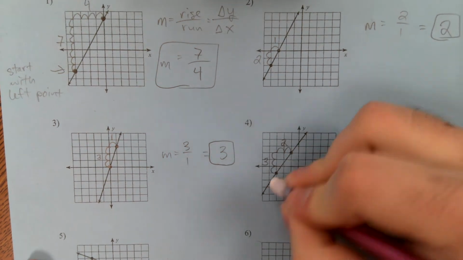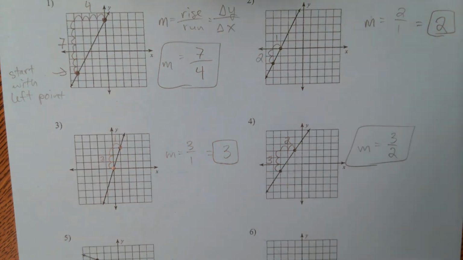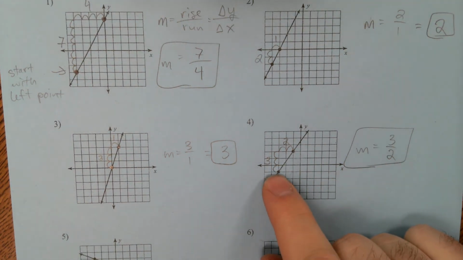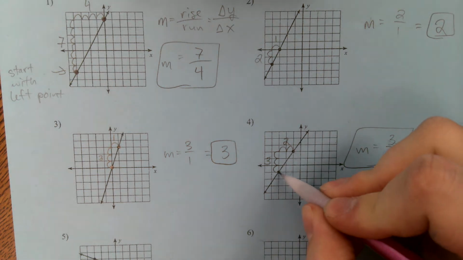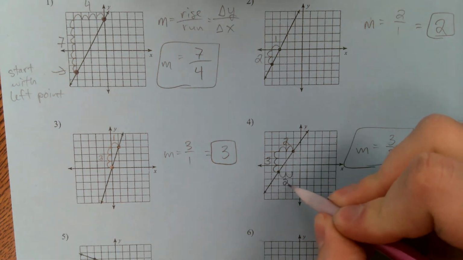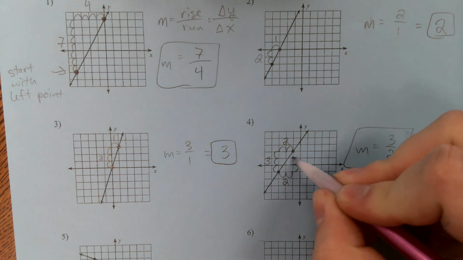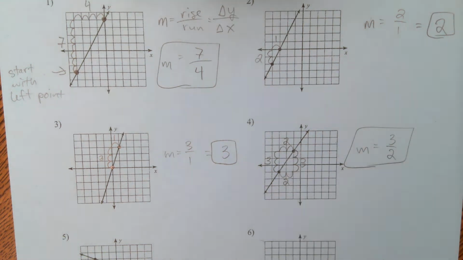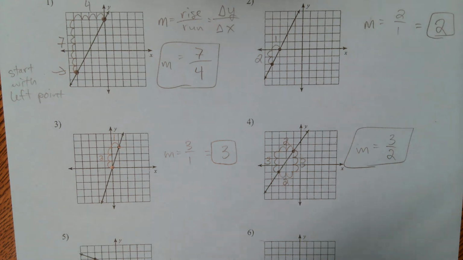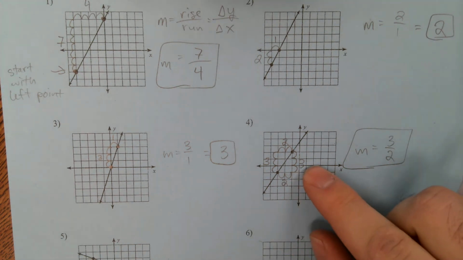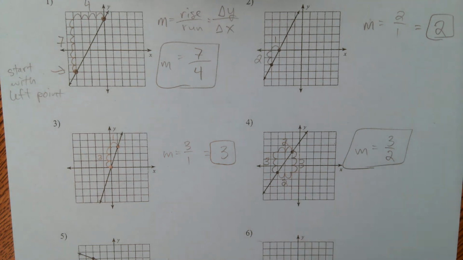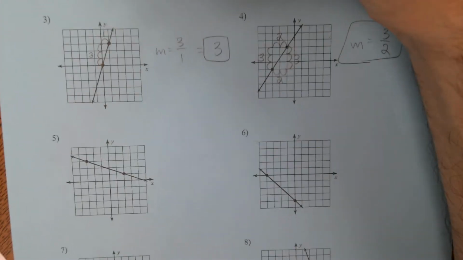So what Noah asked was, okay, I know I start with the leftmost point, but what if I did the run first and then the rise? Well, our run value would be 1, 2, and our rise would be 1, 2, 3. It would be the exact same slope either way. You just have to make sure you know which one is the rise and which one is the run. Okay, it's all about direction.